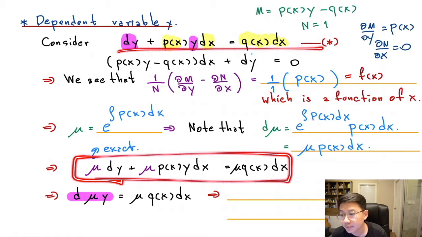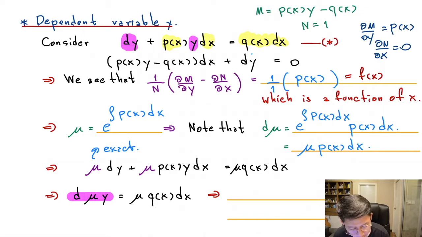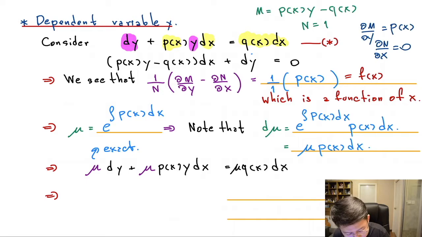What is d(mu y)? Sorry, my bad, let me change this a bit. Here is mu dy, I get it from here.